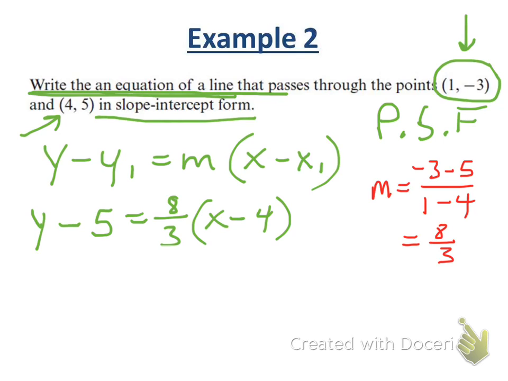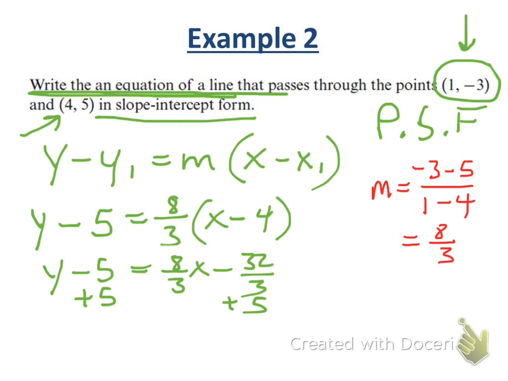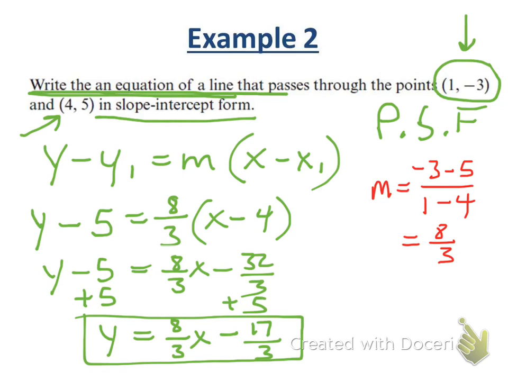You don't have to write this down. Y minus 5 equals 8/3 x minus 32/3. Add 5 to both sides. 5 is how many thirds? 15/3. Positive 15/3. So -32 plus 15 is -17/3. So we get the same answer regardless of which point we use.